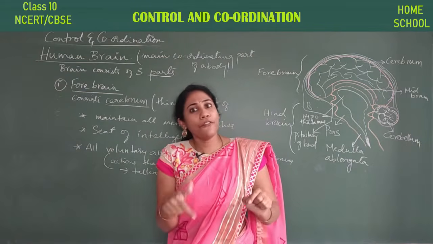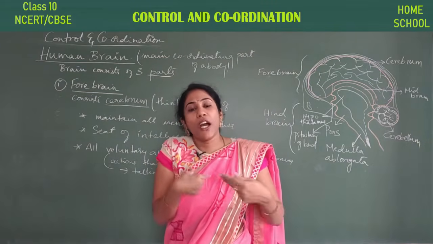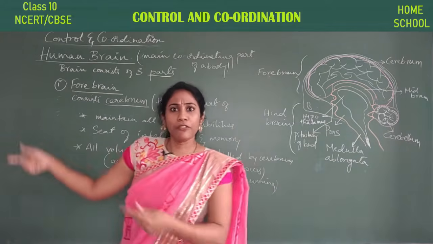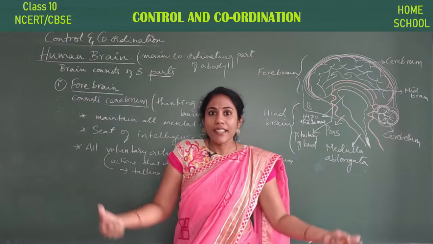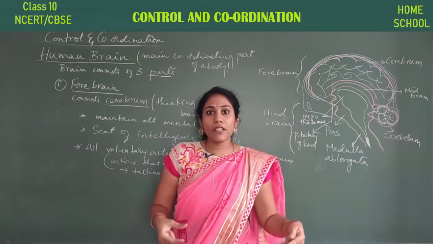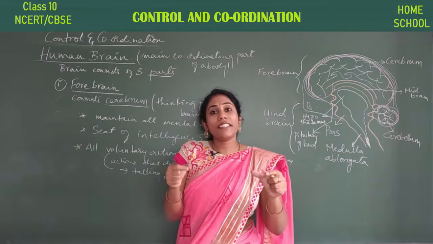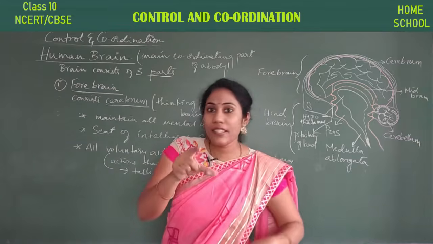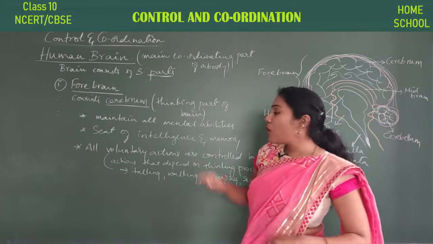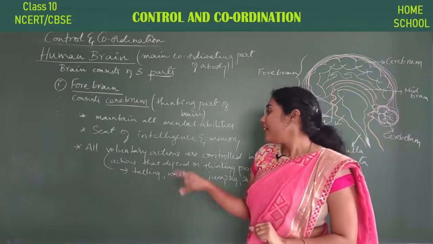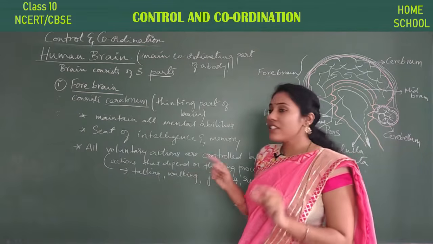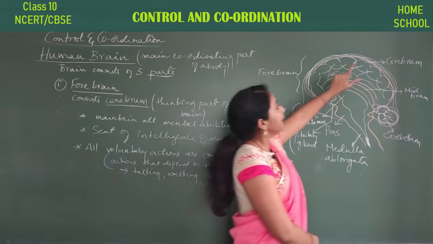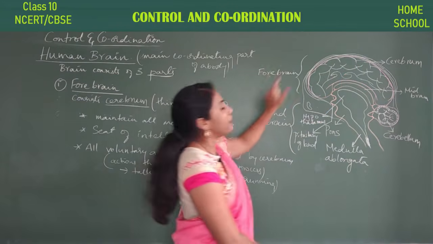If you feel like eating, you will eat it. It's your wish. If you feel like walking, you can walk. It depends on your thinking process. So whichever actions depend on your thinking process are called voluntary actions, and these voluntary actions are always controlled by the cerebrum part of the forebrain.